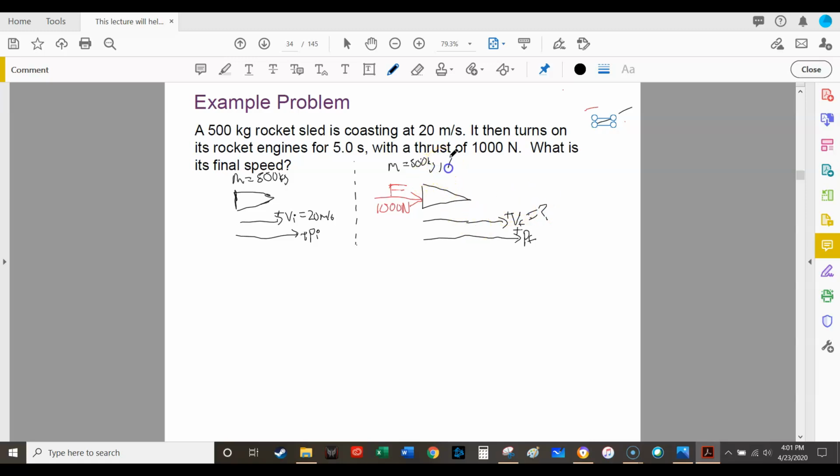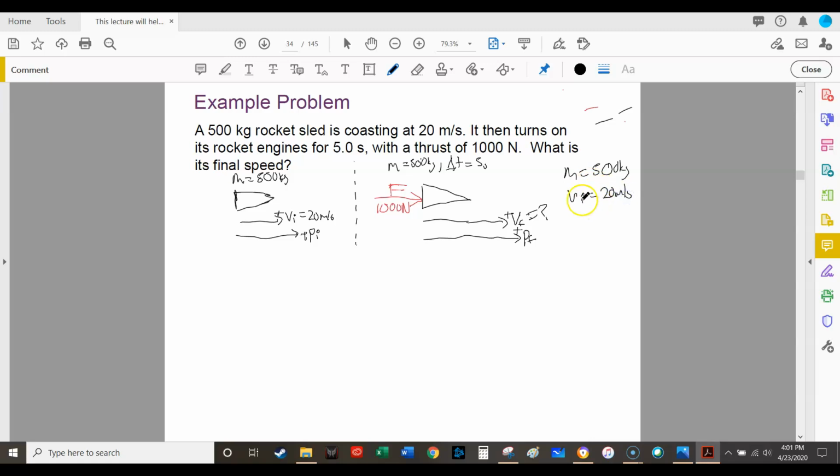And by the way, we have a period of time that the rocket engine is on for 5 seconds, right? So here's what we're given. We're given a mass, and that should be 500 kilograms. And we're given an initial velocity of 20 meters per second.